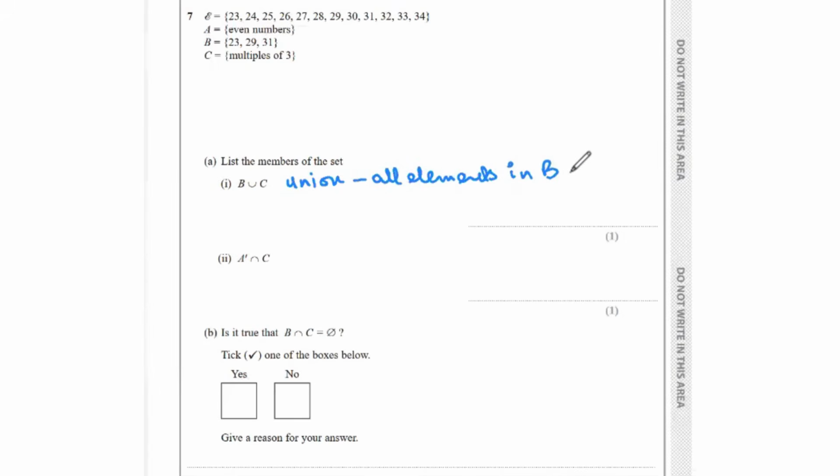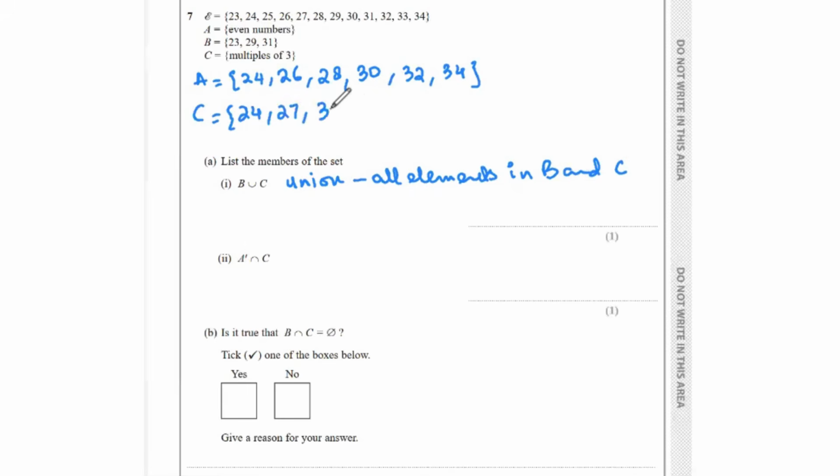in B and C. So now let's first list down the elements of A and C. A is even numbers, so that's going to be 24, 26, 28, 30, 32, and 34. For C, multiples of 3, that's going to be 24, 27, 30, and 33.